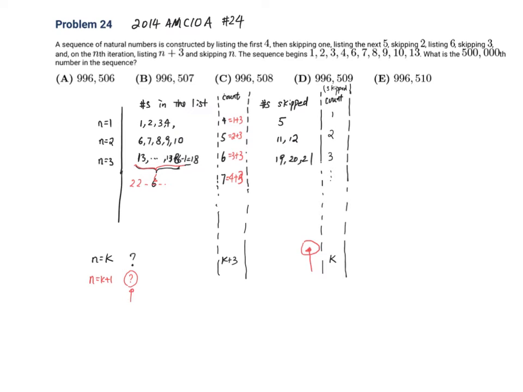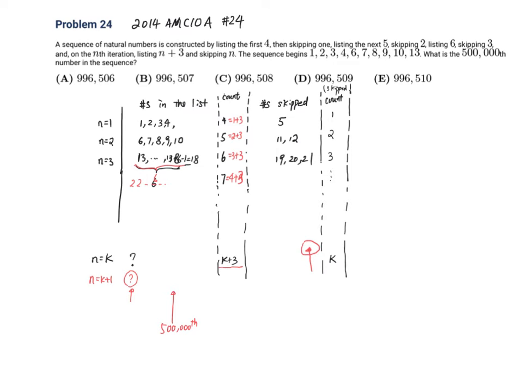Then you're gonna find the sum of all these numbers and all these numbers, and then add 1. Then you know what this is, right? Keep in mind our goal is to figure out the 500,000th number in the list.